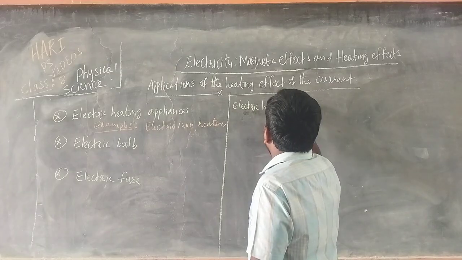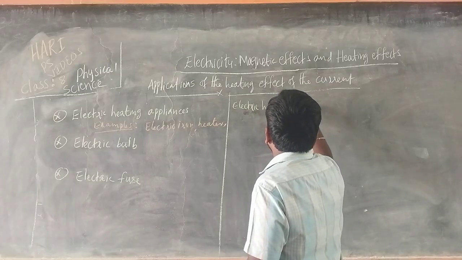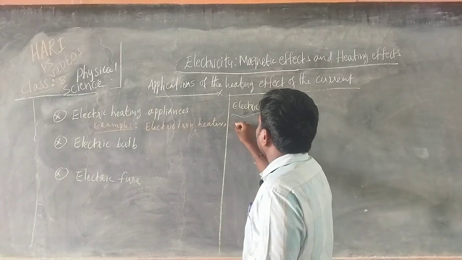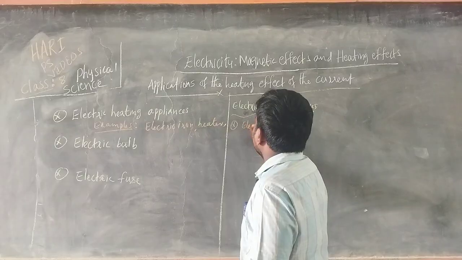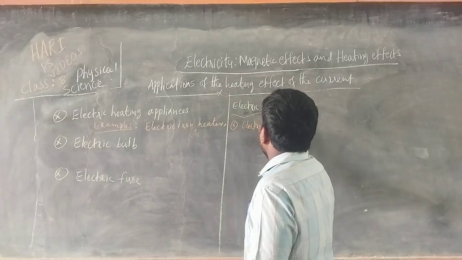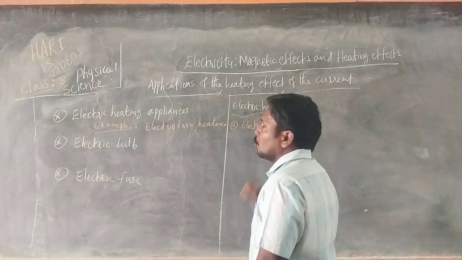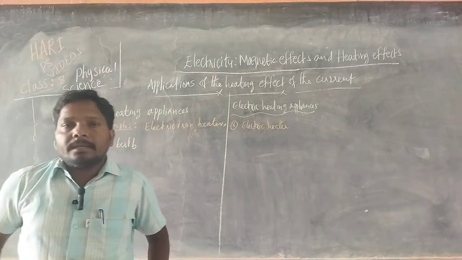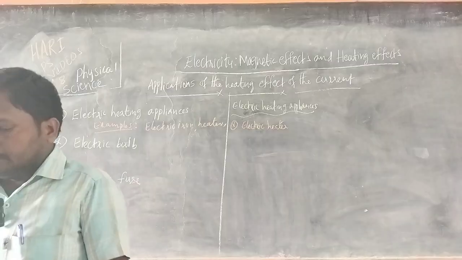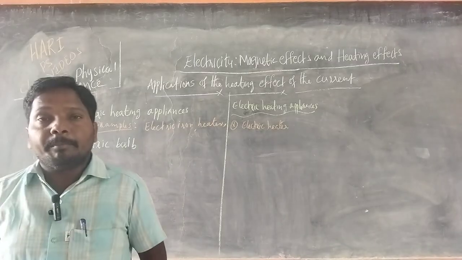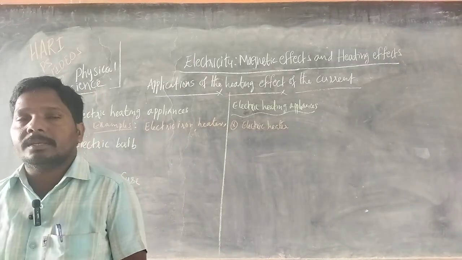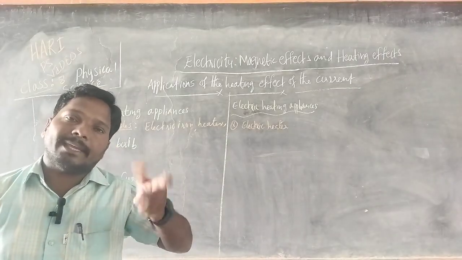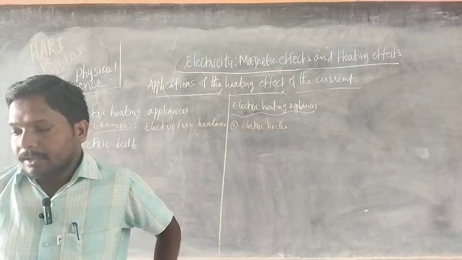In that we will discuss about electric room heater. The electric heating appliances like electric room heater and electric iron work on a principle, that is heating effect of electric current.